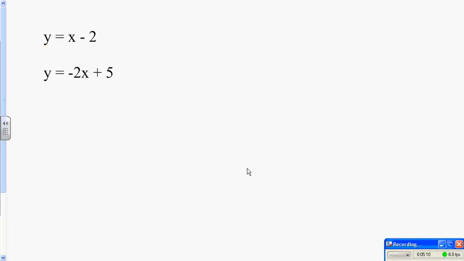Now I'm going to take one of these questions that you have on your homework and your worksheets and take it all the way through. First question is, are they going to intersect? Well, different slopes, so yes, they are going to intersect.